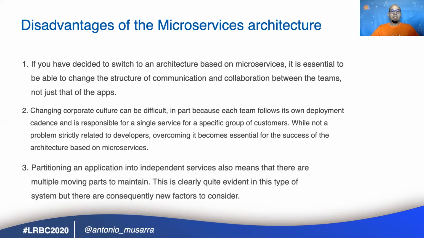Partitioning an application into independent services also means that there are multiple moving parts to maintain. This is clearly quite evident in this type of system, but there are consequently new factors to consider.